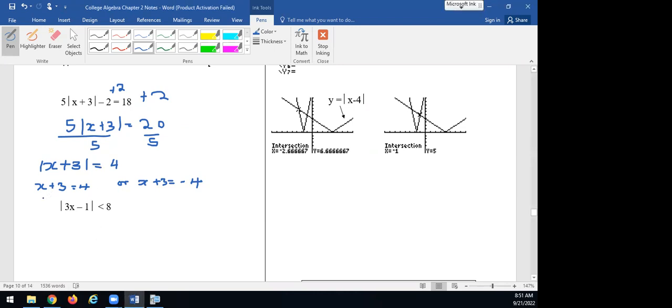What's the first value of x? x is equal to? What's 4 minus 3? 1. And what's -4 minus 3? -7. Those are your possibilities.